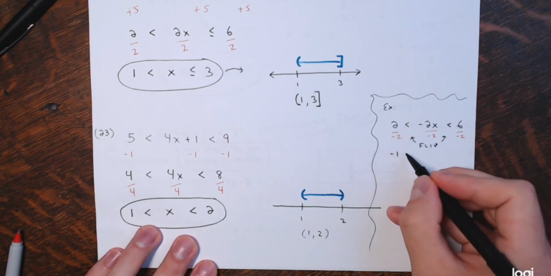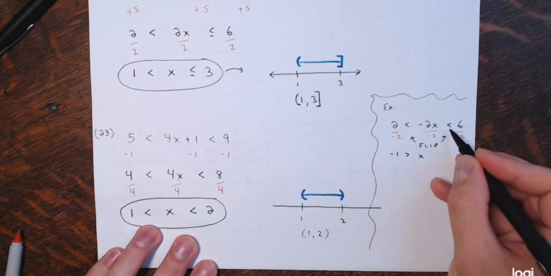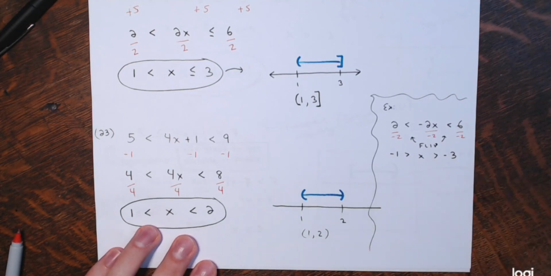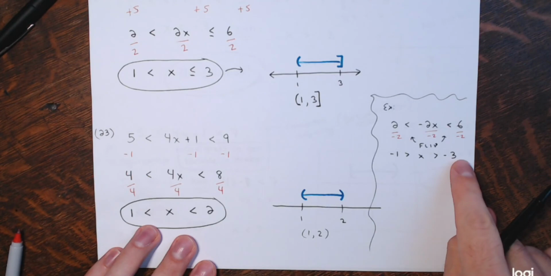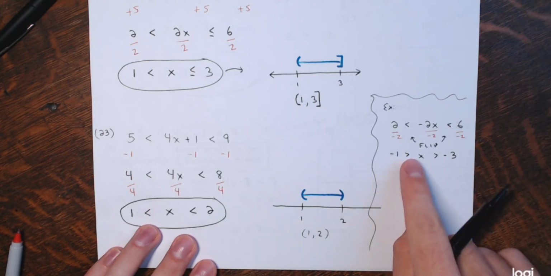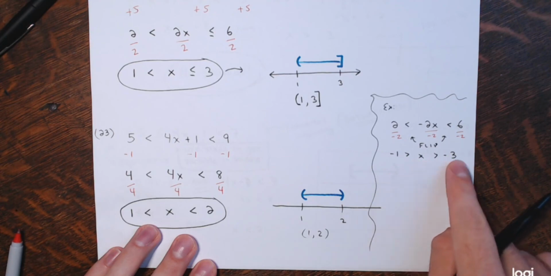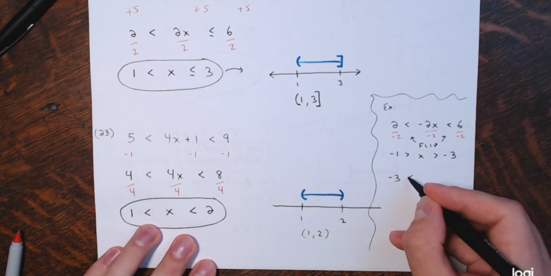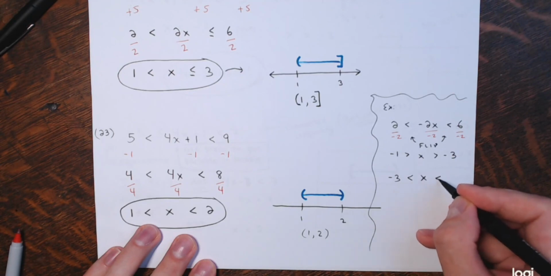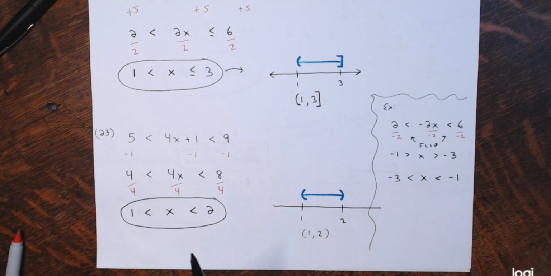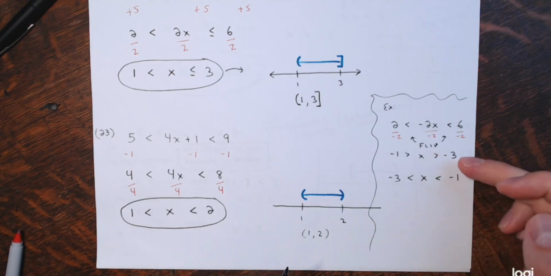So this would be is greater than x and is greater than negative 3. And like I said, I would personally rewrite this in the other direction. Right now I have negative 1 is greater than x and x is greater than negative 3. I would write it the other way around: negative 3 is less than x and x is less than negative 1. Just draw it in the same direction, and those are equivalent. These are actually the same inequality.